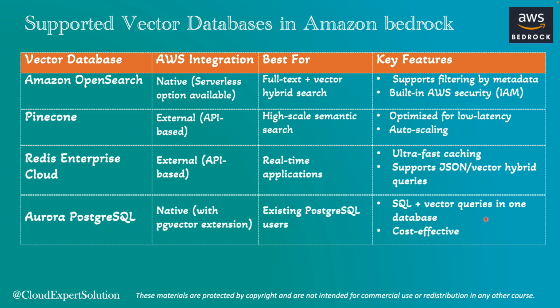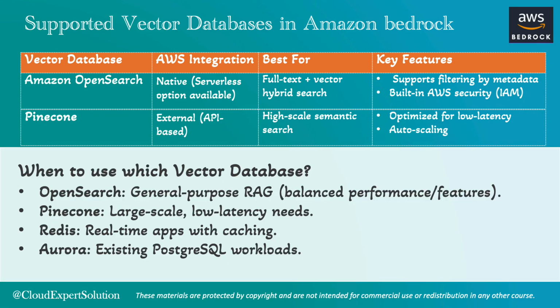Now you must be asking when to use which. Amazon OpenSearch is best for general purpose RAG that balances performance and features, whereas Pinecone is for large scale low latency needs, Redis for real-time applications with caching, and Aurora for existing PostgreSQL workloads.